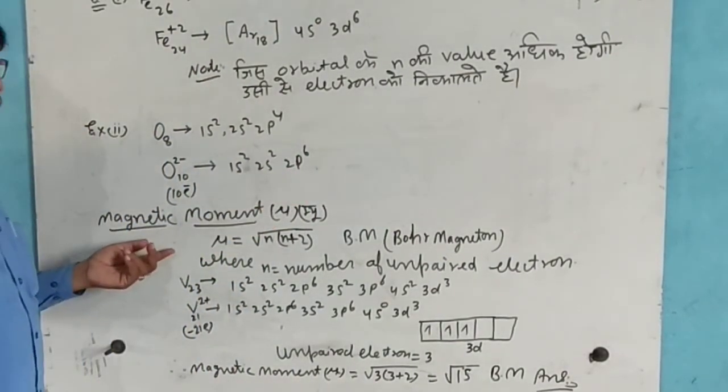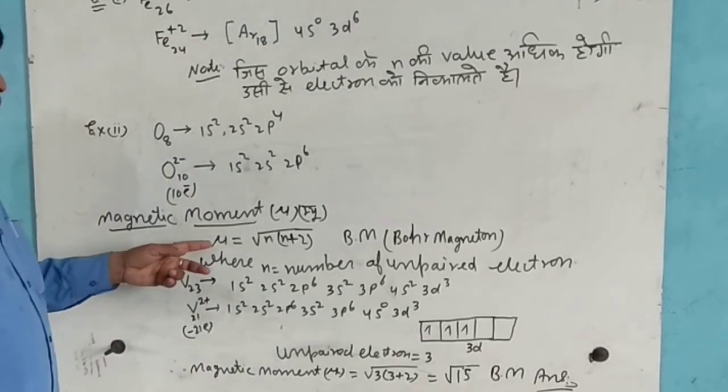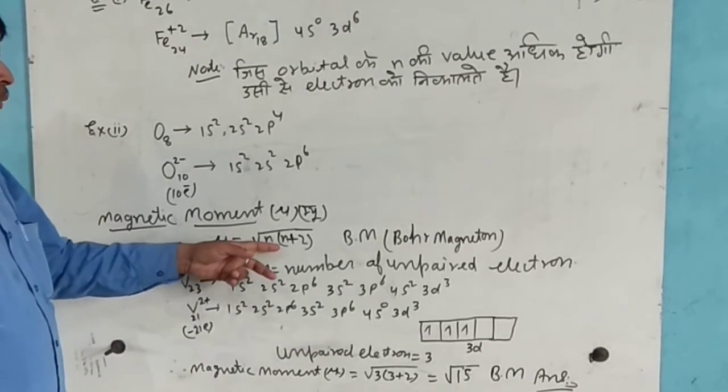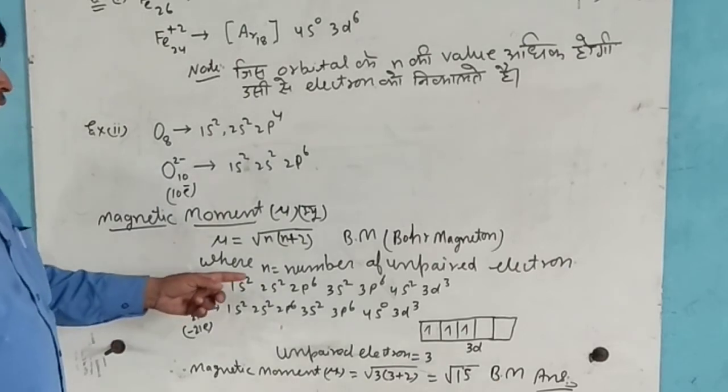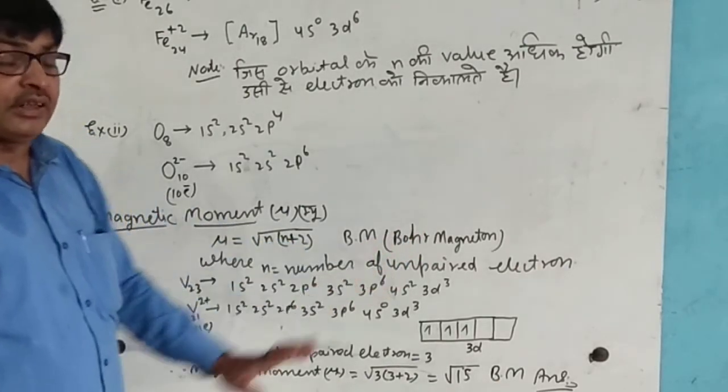Now magnetic moment mu is equal to the square root of n(n+2), where n is the number of unpaired electrons.